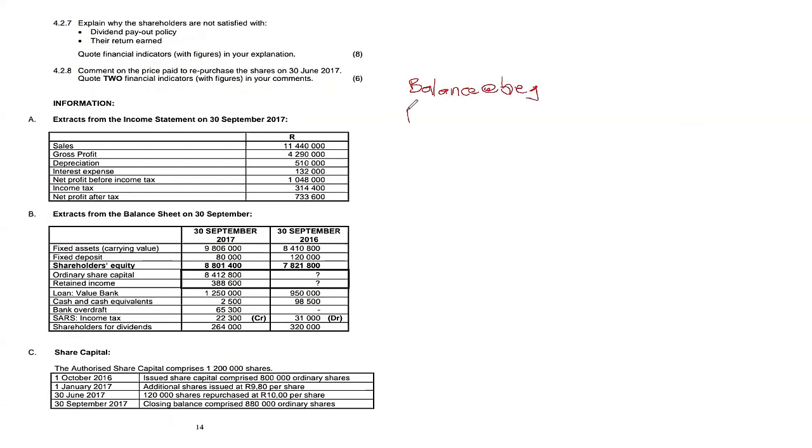And then you have your total dividends, right? Remember, our total dividends, it's interim dividend plus final dividend. So our total dividend consists of interim dividend plus final dividend.